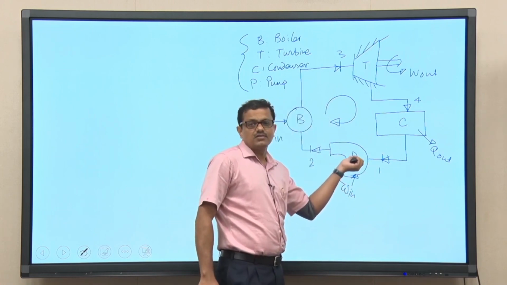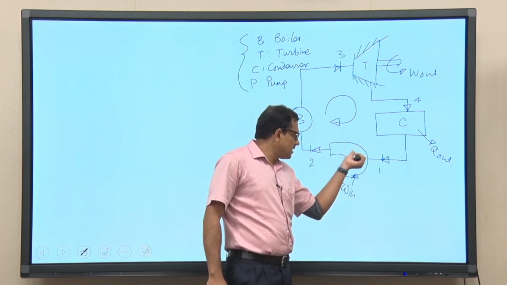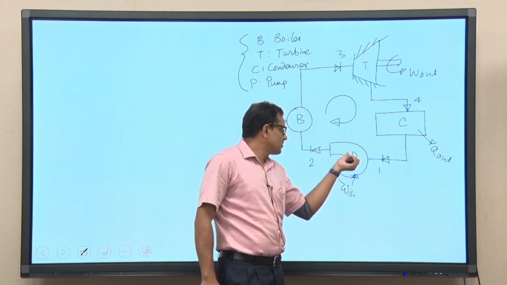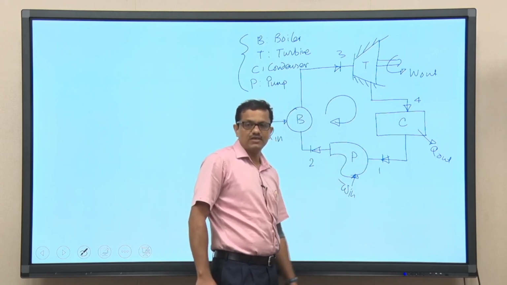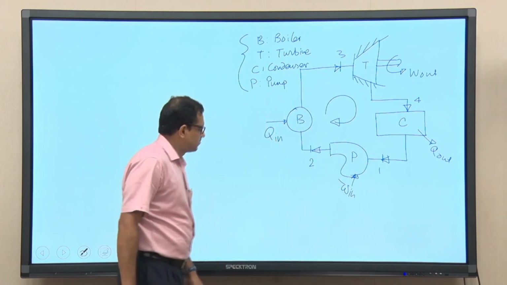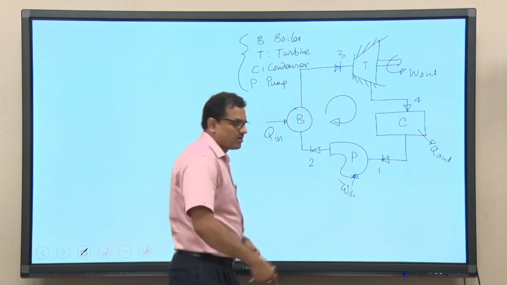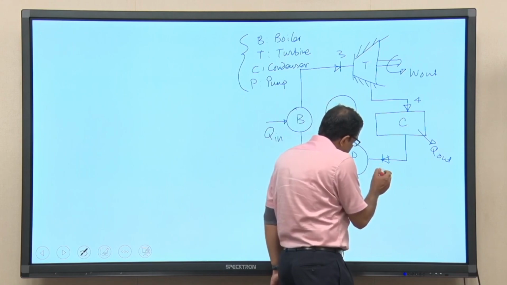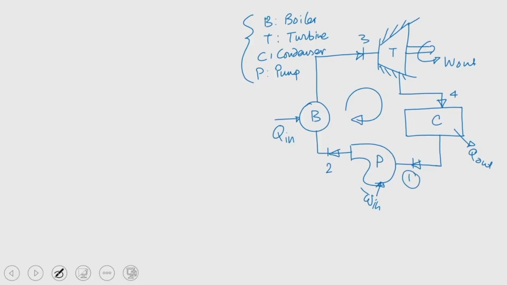Now, this is the pump. We will discuss this part in our subsequent classes as well. The thermodynamic state of the working substance at 1 is liquid, in particular saturated liquid.